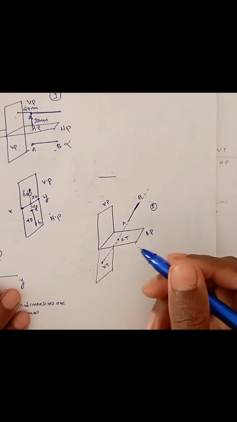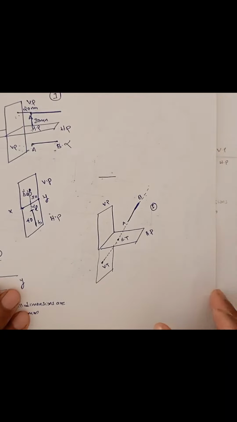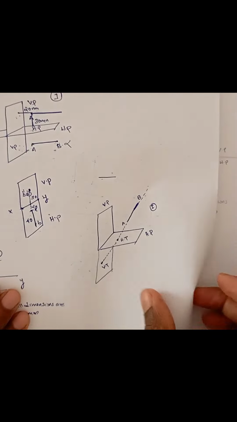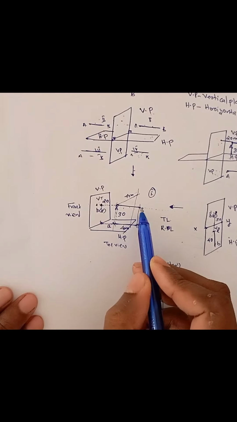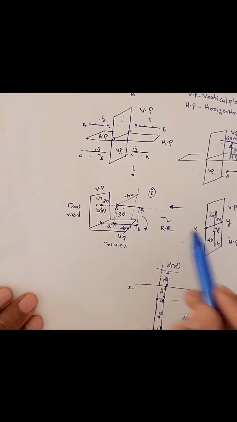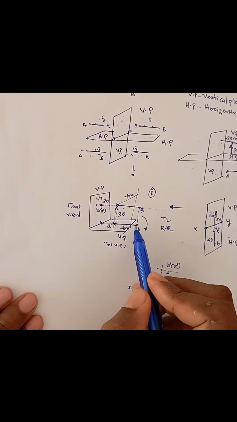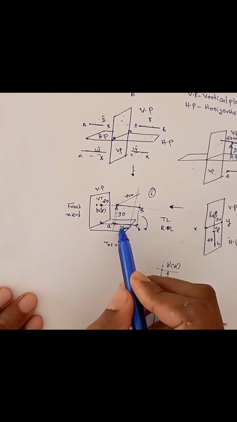So this is the definition of horizontal trace and vertical trace. In our question, this is our line. If I extend this line this side, it will never meet any horizontal plane, because the line is parallel to HP.